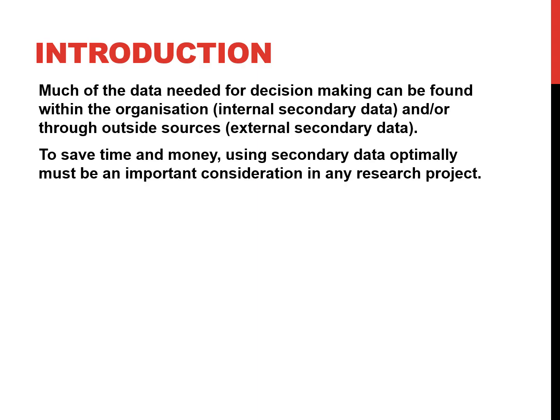So generally it's cheaper than going out and collecting your own data, and also it's often quickly available, because obviously you don't have to spend all the time and effort and the logistical problems associated with collecting your own data. So it's sometimes referred to as desk research, so you might see that term. If they're referring to desk research, that really means, often within the context of marketing research anyway, a collection of secondary data.